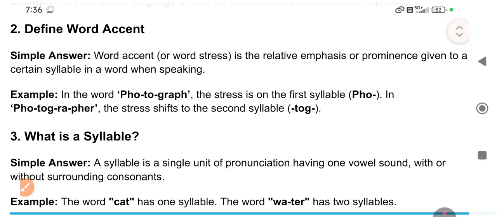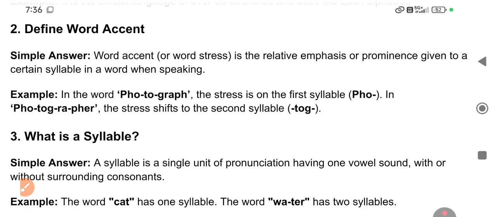Moving to next, that is define word accent. Word accent or word stress is the relative emphasis or prominence given to a certain syllable in a word when speaking. Simple. Suppose a word, speaking. You speak it again and again, speaking, right?